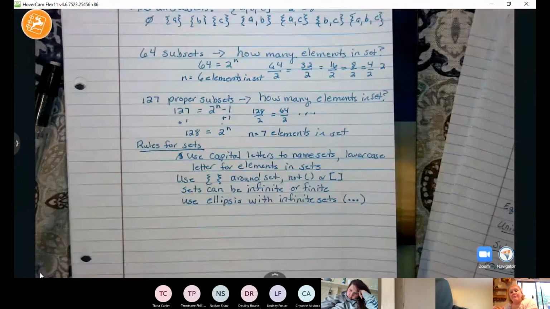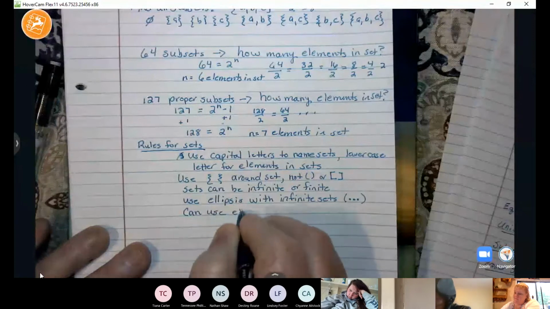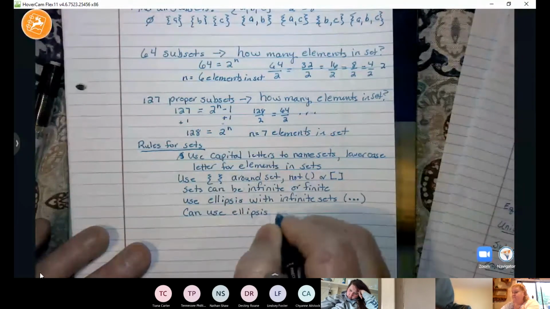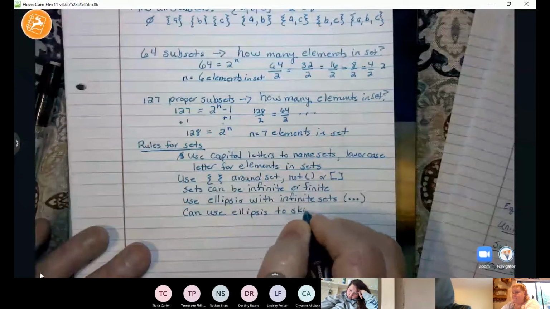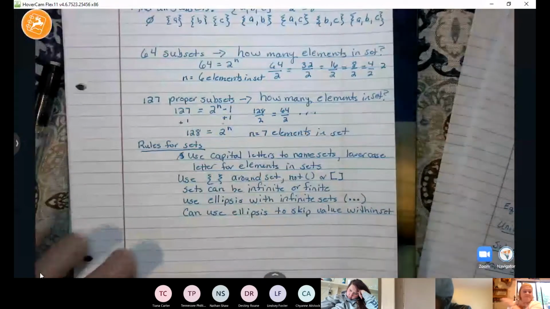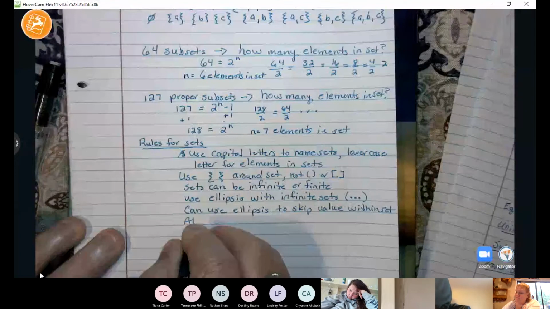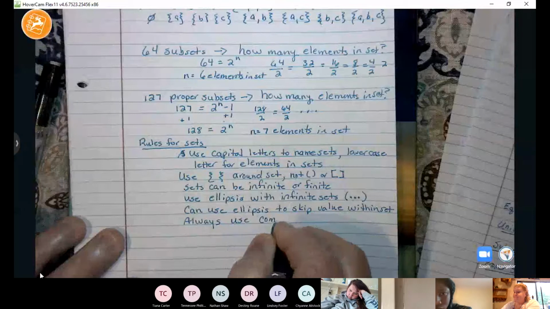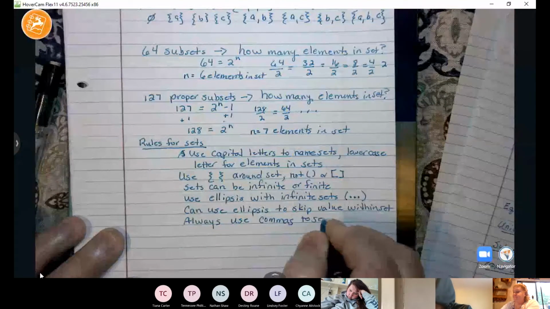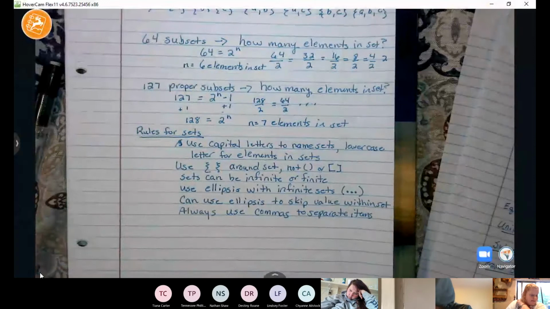Also, for the sake of time, if you have a pattern within your set, you can do like 3 numbers, then use your ellipse, and then finish your set. Always use your comma to separate your items in your set.